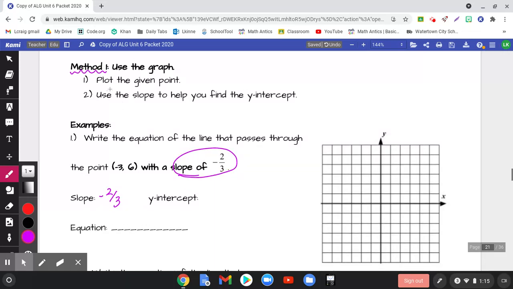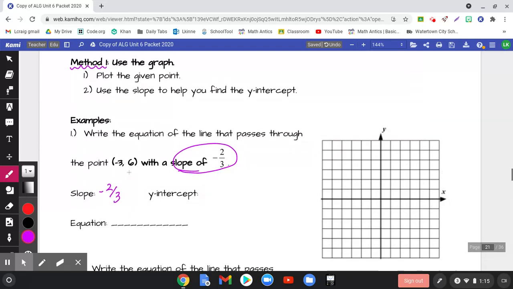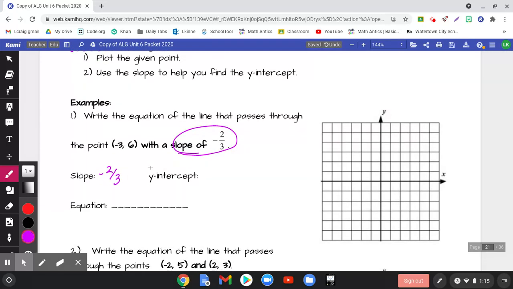So what you're going to do is follow these steps. You're going to plot the point and then use the slope like steps to help you find the y-intercept. All right, so the point -3, 6 is going to be a point on our line. So I'm going to go back 3, up 6, right there.